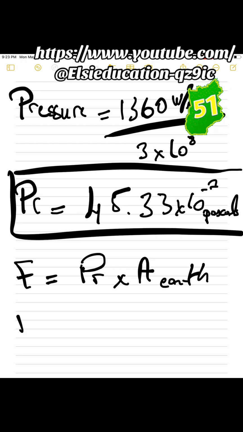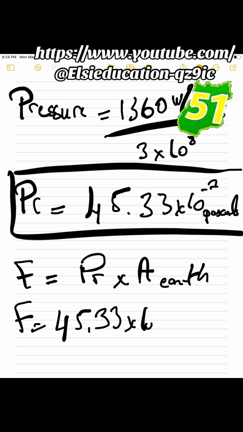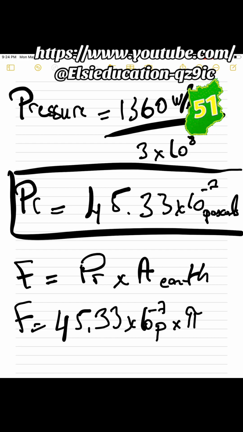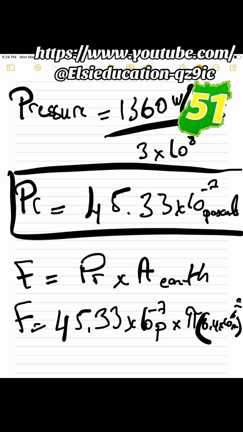Okay, so the force is equal to 4.533 multiplied by 10 to the power of minus 6 pascals multiplied by pi, and the radius of Earth is 6.4 multiplied by 10^6 meter, squared.